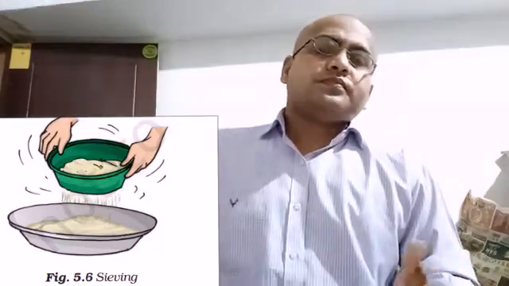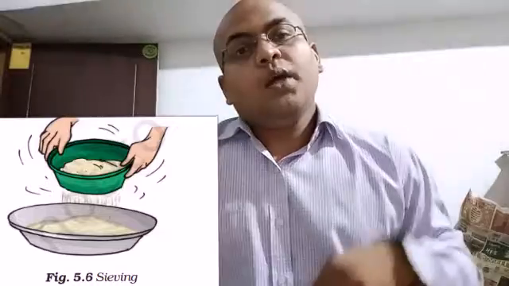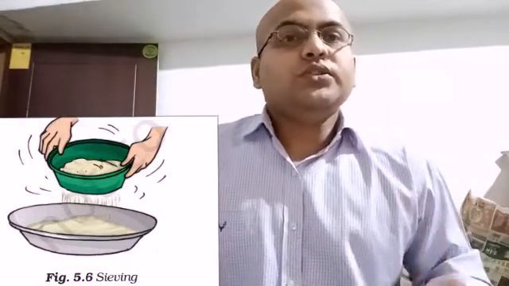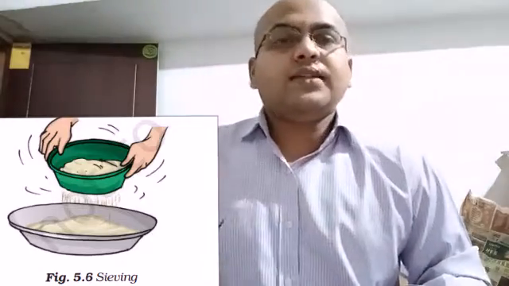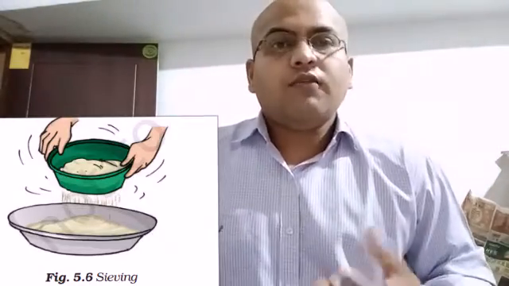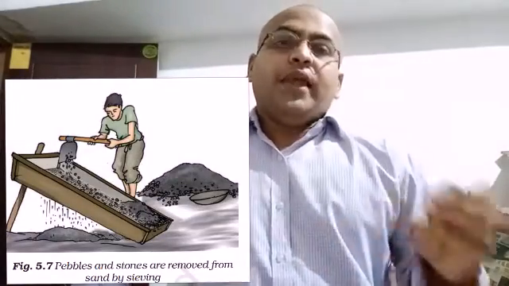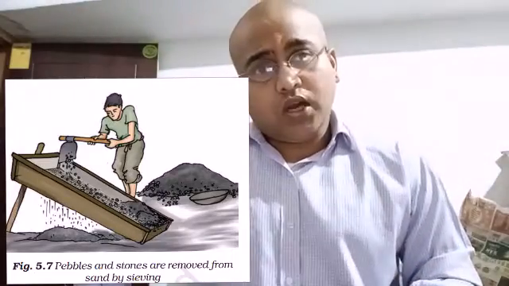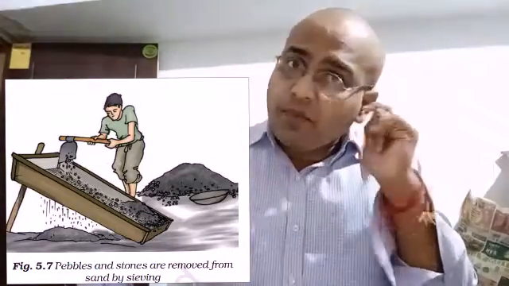The best example is at our home. Before cooking chapati, our mother uses a small sieve to separate the bran and other impurities from the flour, from the atta, and they remove that bran or any type of impurities with the help of sieving, because the size of the particles of the flour is very minute.